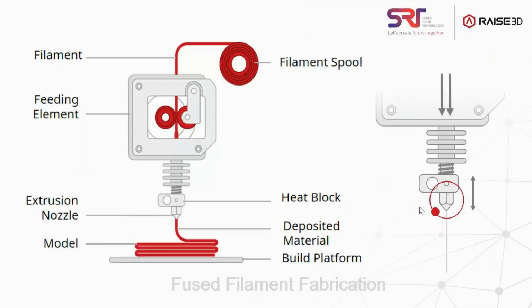For those of you who are new to this technology, basically it contains a spool of filament which is fed through the extruder or the feeding element and into the heat block or the hot end. The filament is melted and deposited onto the build platform layer upon layer.